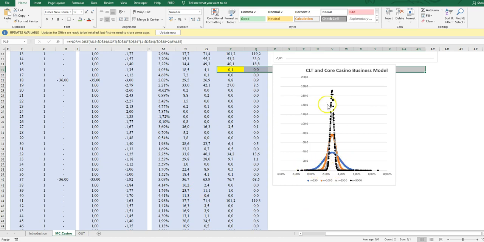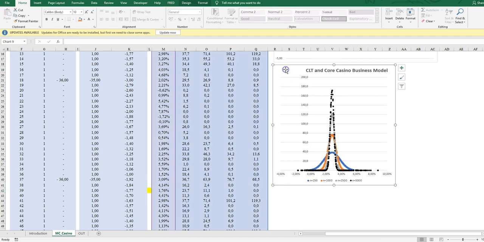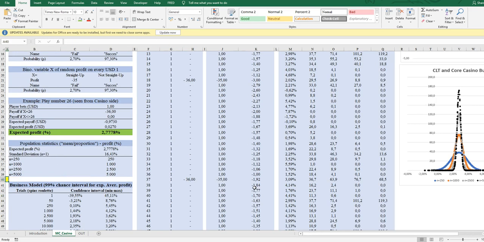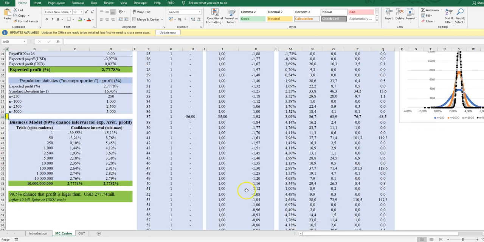So the more spins, the more locked in, the more sure a thing is the profit of 2.778. This is the whole idea of the casino operating in the long run, that they have the statistical functionality or relationships with them. And I just tried here to show it.